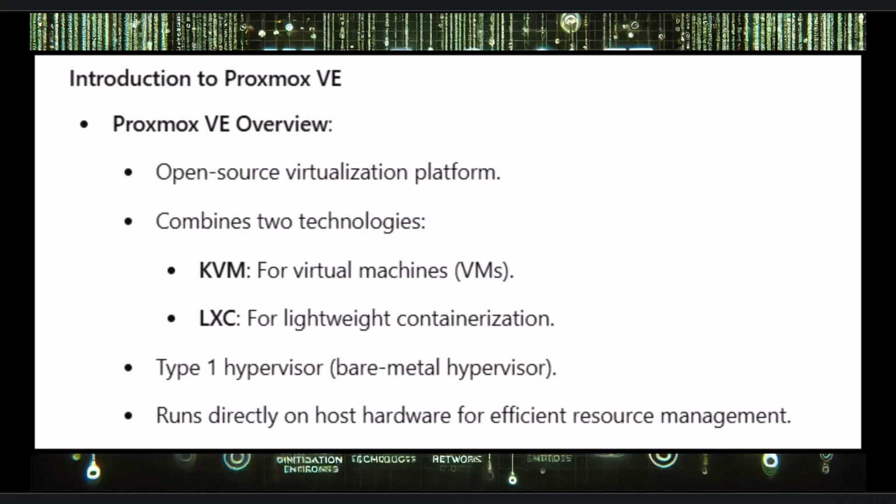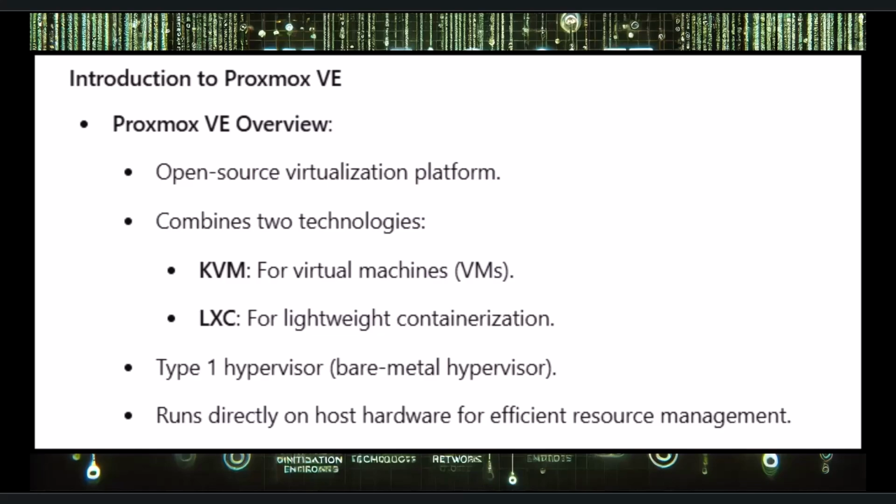So as opposed to VirtualBox, which runs on your host system, whether it's Windows or Mac or Linux, Proxmox runs on the metal. So Proxmox is like the hypervisor, is like the operating system on that system.